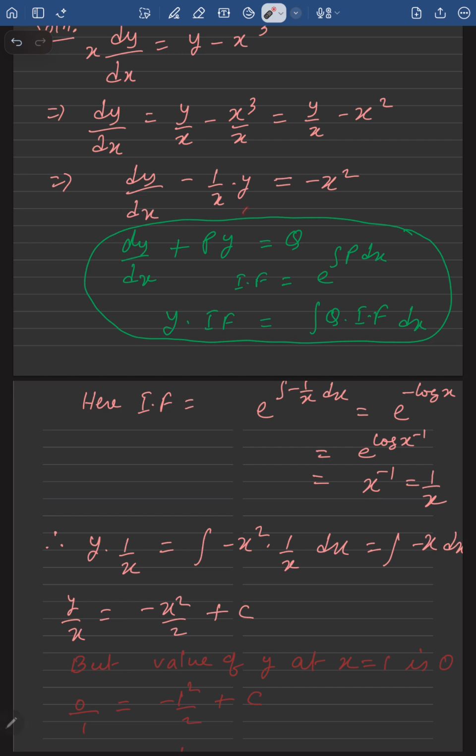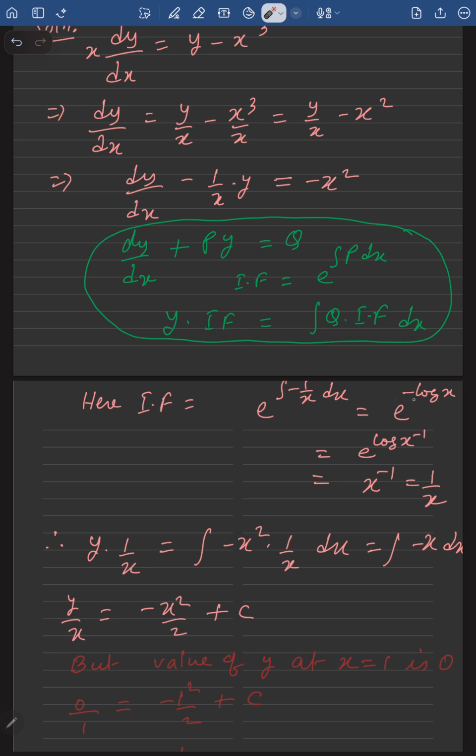Now in this question, our integrating factor is e raised to the power integral of minus 1 by x dx, because here p is minus 1 upon x. You know the integration of 1 upon x is log x, but the minus sign is there, so minus log x.